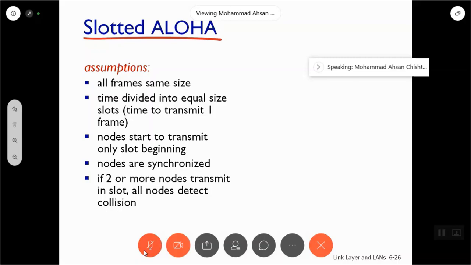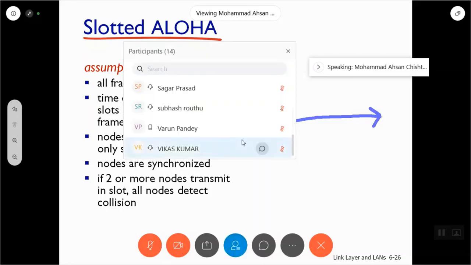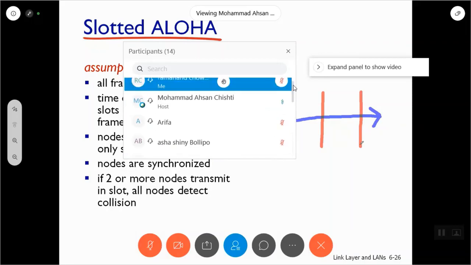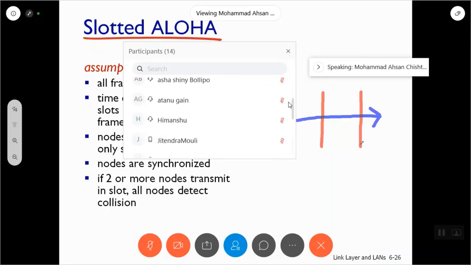Another thing in slotted Aloha is that it is called slotted because you have broken the time as per frames, and you send each frame at the beginning of the time slot. So if this is the time frame that I have, it is broken into specific time slots. How is this time frame different from TDM's time frame?